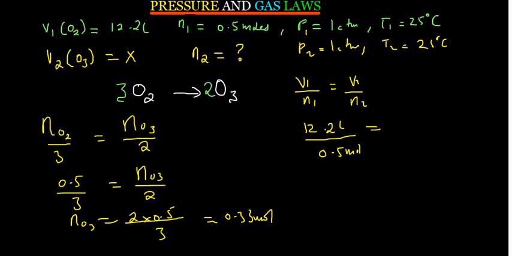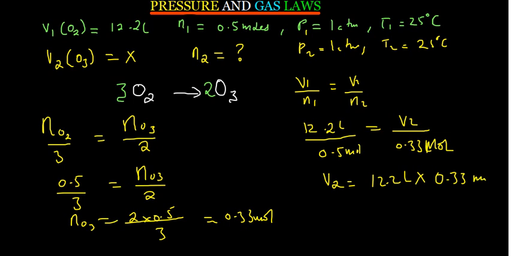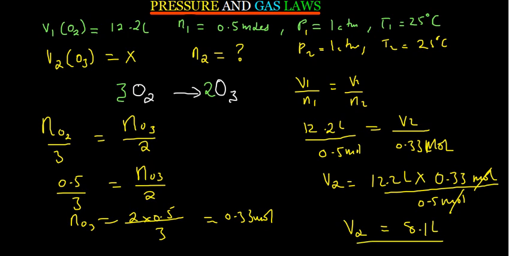This is going to be equal to V2, that is what we want, divided by N2, which is the 0.33 moles we've determined. Therefore, V2 is going to be the product of 12.2 liters and 0.33 moles, and then divide that by 0.5 moles. The moles get to cancel, so the volume of the ozone that is going to be produced is going to be 8.1 liters. So this is how you work out this one.